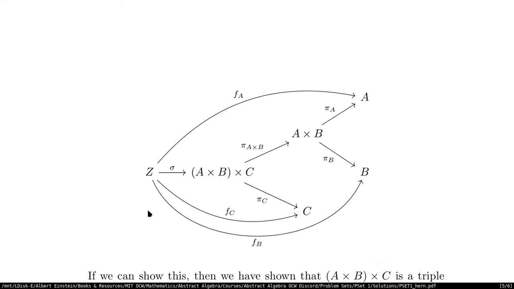Okay, and let's see. So you have A cross B cross C. You have the projection onto A cross B, and then you have the projection onto C, and from here you have the two projections, of course. So FA, FB, like before, they stay consistent.